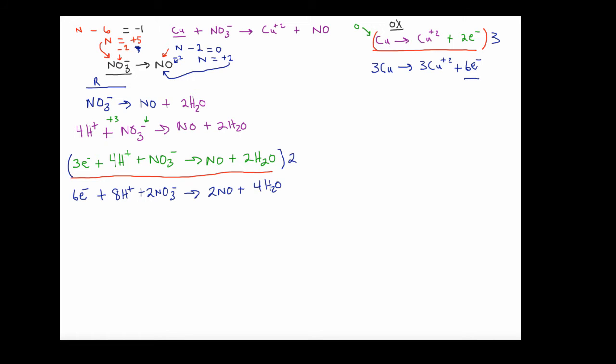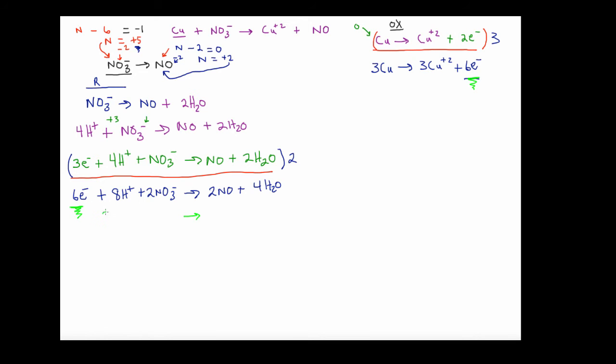Pay attention to the fact that we have 6 electrons here and we have 6 electrons in the copper half reaction, and they happen to be on opposite sides of the arrow. So this is good news because they're going to cancel. So now what I'm going to do is go ahead and rewrite the copper half reaction underneath the reduction half reaction, or the nitrate half reaction.